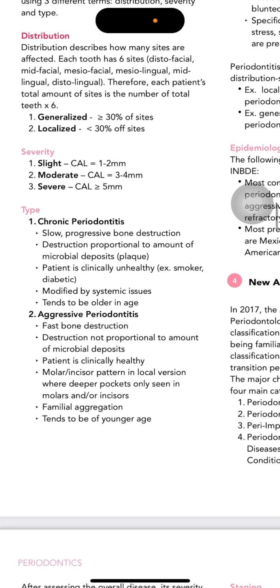Type. Chronic periodontitis: slow, progressive bone destruction proportional to the amount of microbial deposits. Patient is clinically unhealthy, may be a smoker or diabetic, modified by systemic issues, and tends to be older in age.